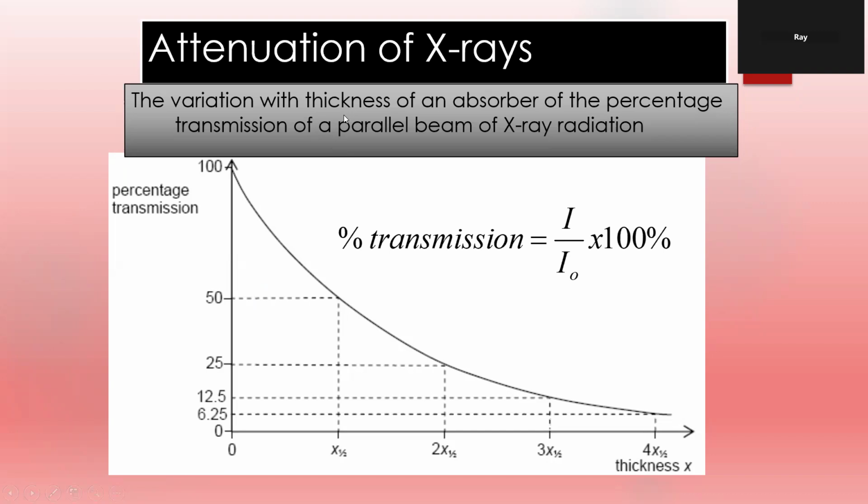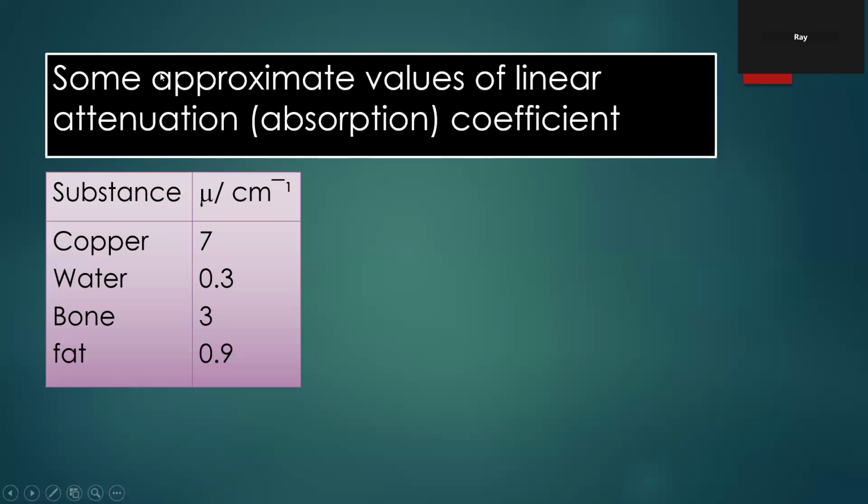Attenuation of X-ray is exponential decay. Some approximate values of the linear attenuation or absorption coefficient: copper is about 7, water is 0.3, bone is 3, fat is 0.9.